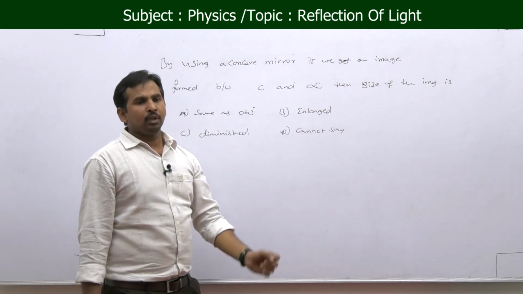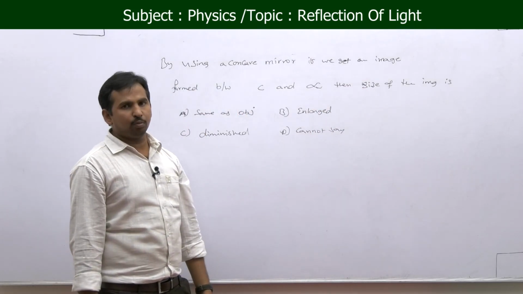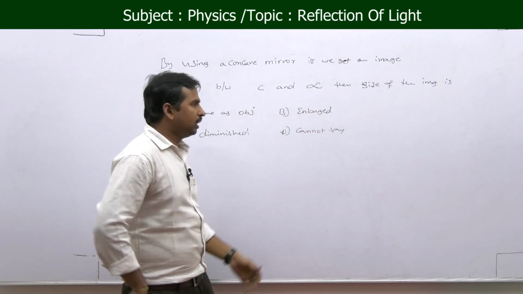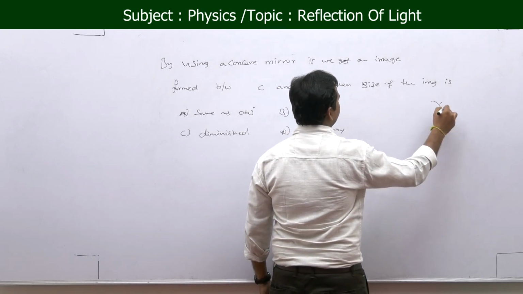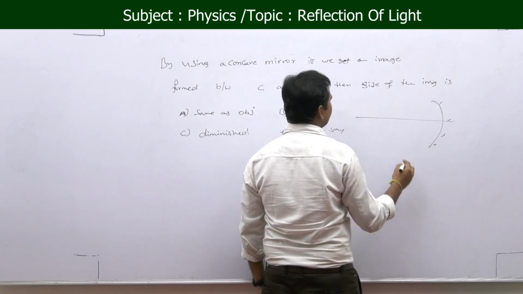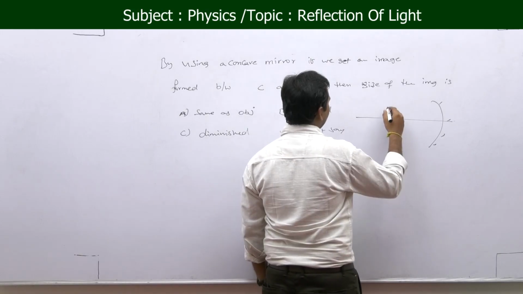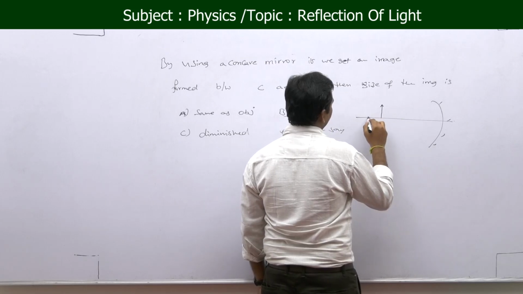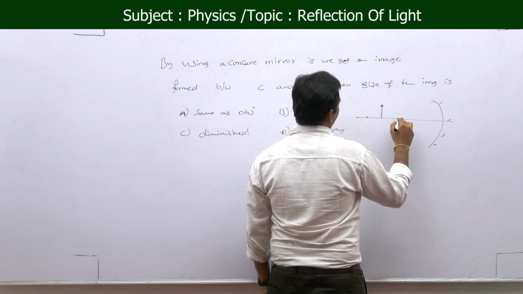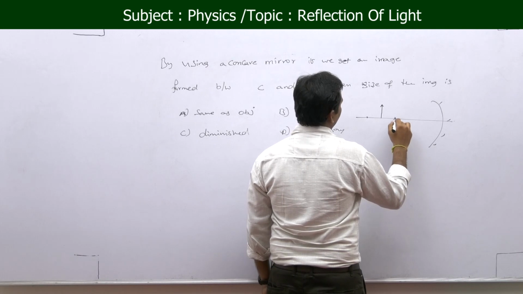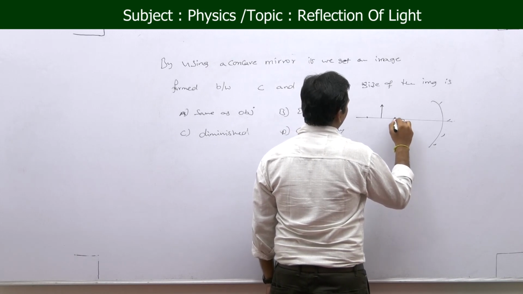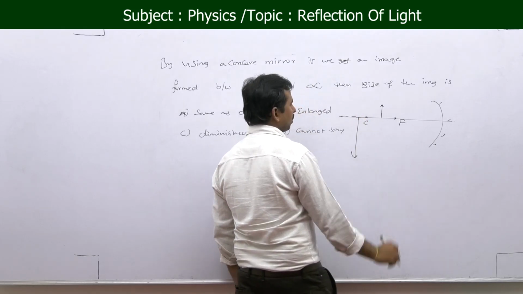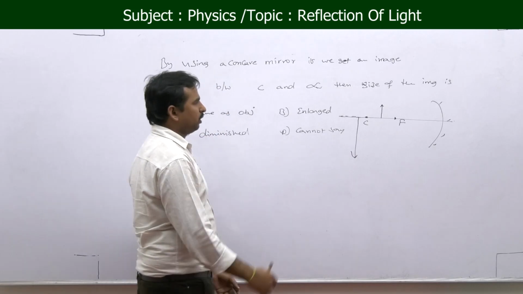If you go through the image characteristics formed by the concave mirror, for the image to form between C and infinity, the object is placed between C and F, like this.